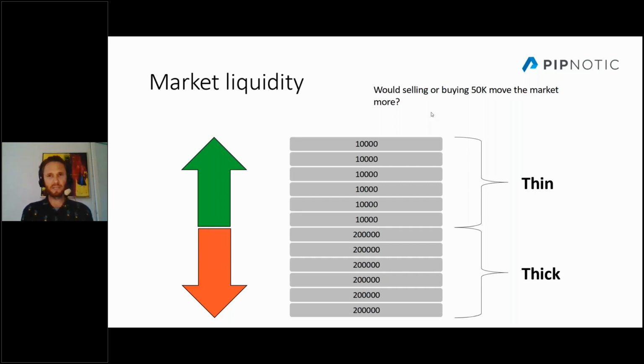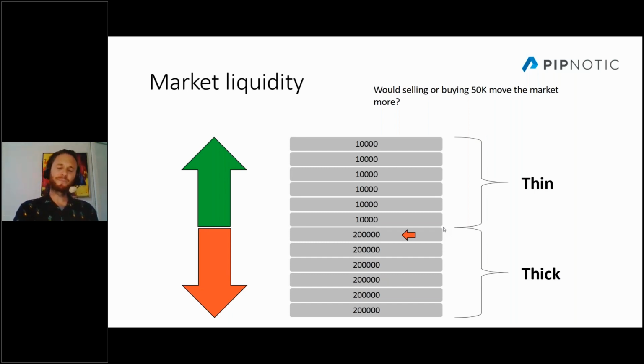Okay, so what we have here, let's say that we have a market order that comes into the marketplace, and they're looking to buy 50,000 units of this asset. Okay, what would move the market more, buying the asset or selling the asset? This is interesting, because if you look here, we're at this price point. Let's say this is 1, and we want to buy 50,000 units of this asset. So let's start with the sell example, because this is where my slides are telling us.